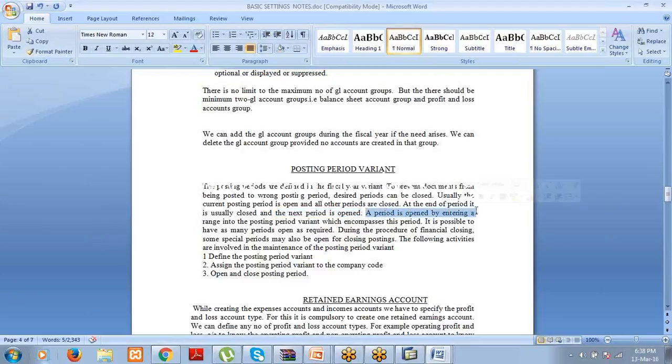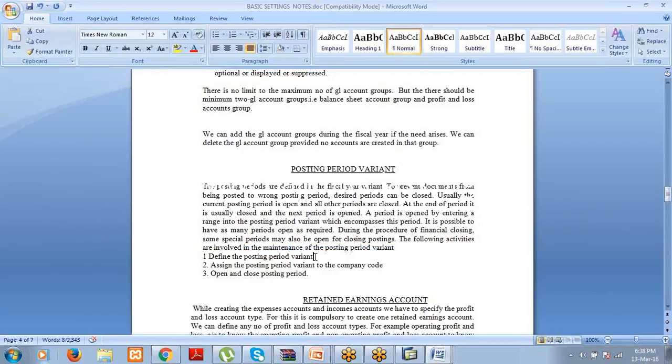So a period is opened by entering a range into the posting period variant, which encompasses this period. It is possible to have as many periods open as required. During the procedure of financial closing, some special periods may also be open for closing postings or adjustments. So the following activities are involved in the maintenance of posting period variant.